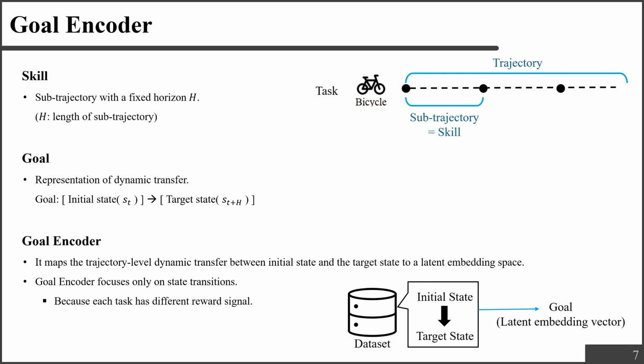One important thing is, instead of relying on reward signals, which vary from task to task, the goal encoder focuses only on state transitions. By ignoring reward, it captures task-agnostic patterns.